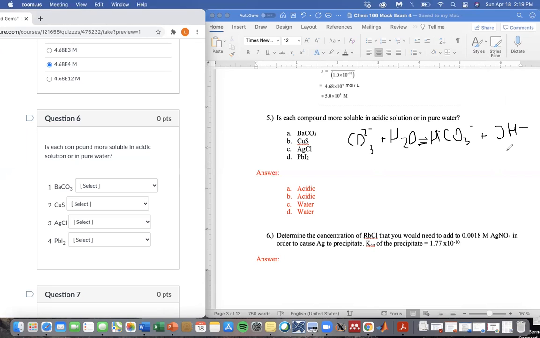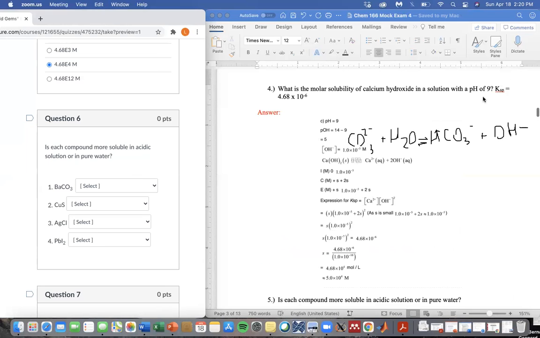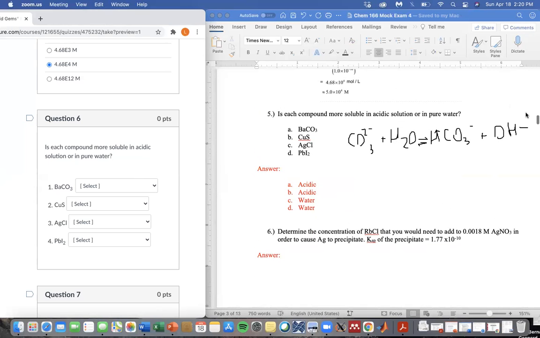And that's the common ion effect, like how we solved in your last problem, figuring out what the solubility was when you already had some hydroxide in there because you have a pH. It's the same concept here: you're going to have more hydroxide in a pure water solution than in an acidic solution.